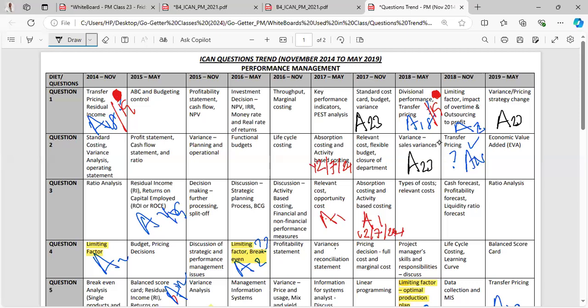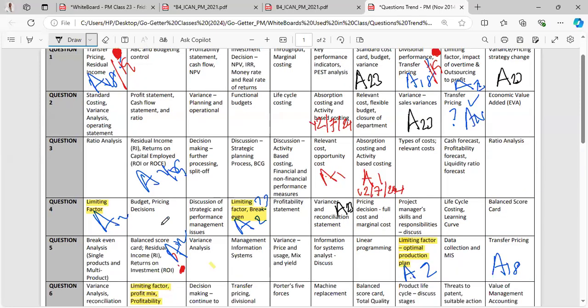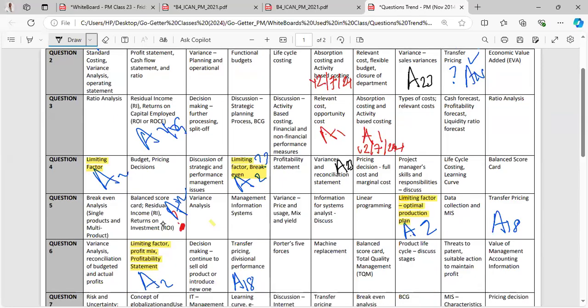Of course, this is not this variance, but the advanced variance. It's another one, A23.